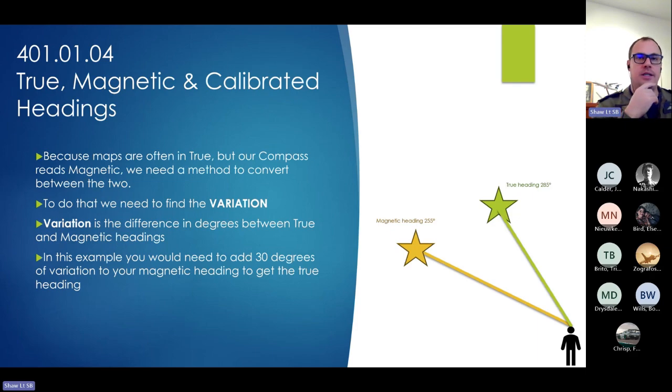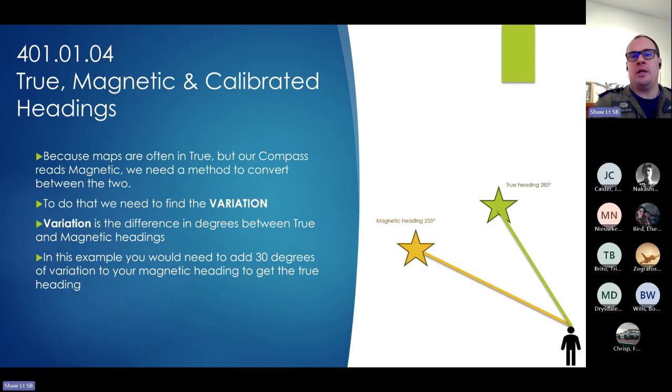In this example, you would need to add 30 degrees of variation to your magnetic heading to get the true heading. Think of it this way: our maps are measured in true north, right? So we draw a line between us and Banff, and it says the heading that we need is 285 degrees. Because our maps are based on true, that says 285 degrees.